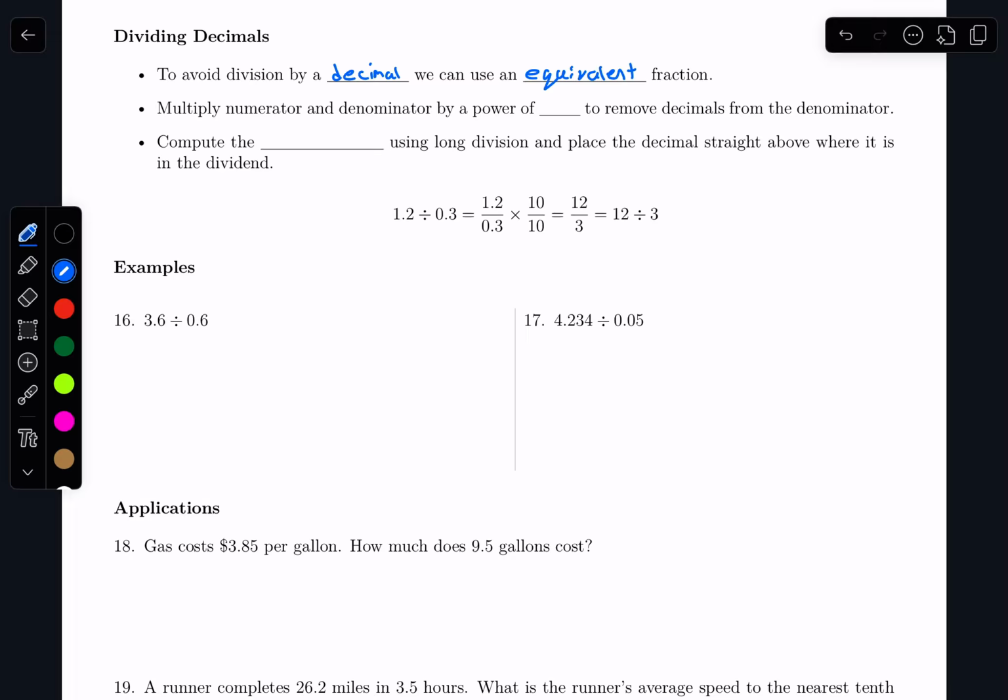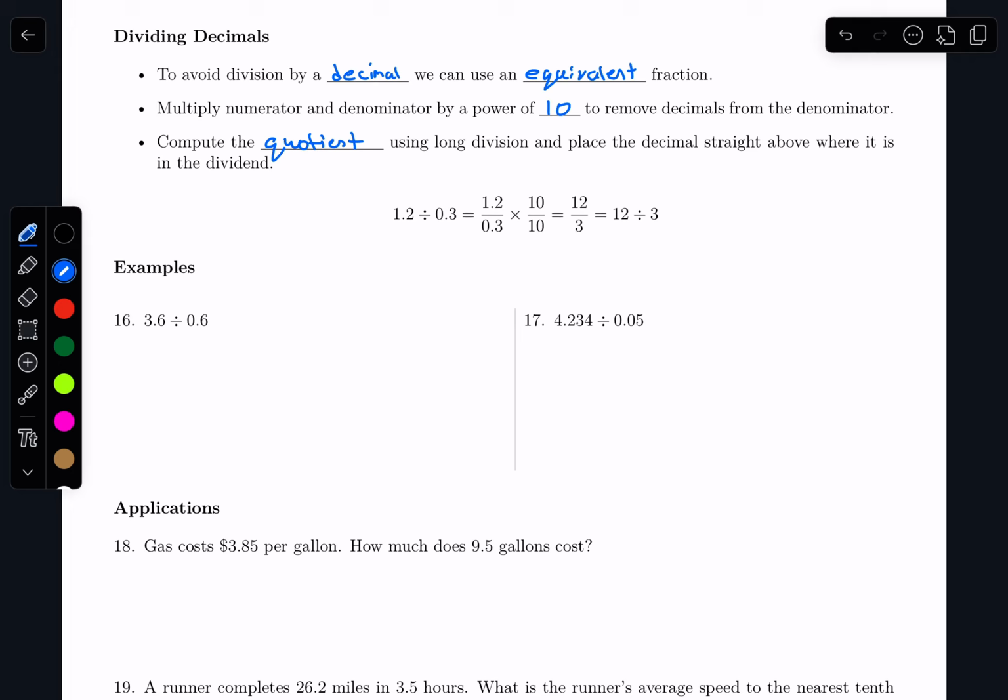But the reason we're going to be doing that is to get rid of decimal places. So we're going to multiply the numerator and denominator by a power of 10 to remove all the decimals from the denominator.